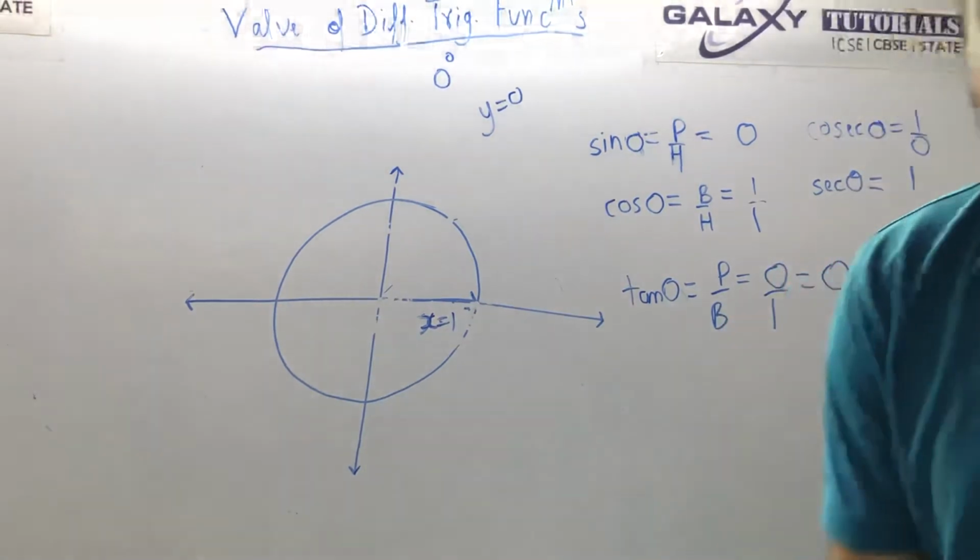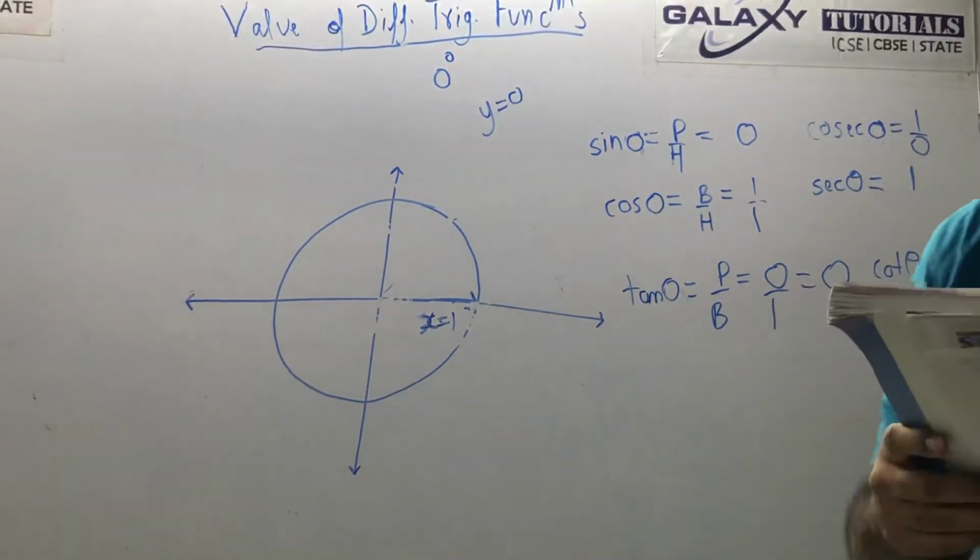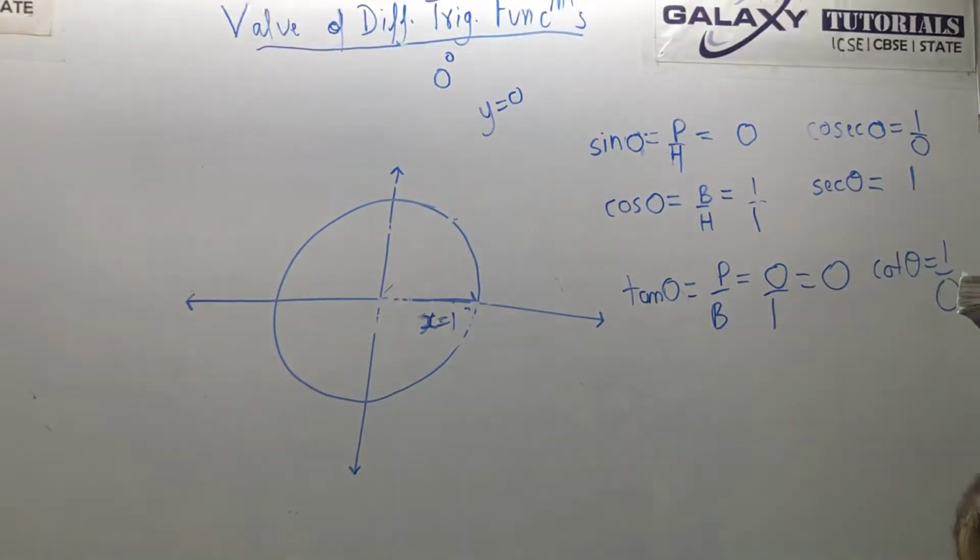Now we will do the next part. What is the next part? The next part is we will find the values of 90 degree. We will find all the values at 90 degree.